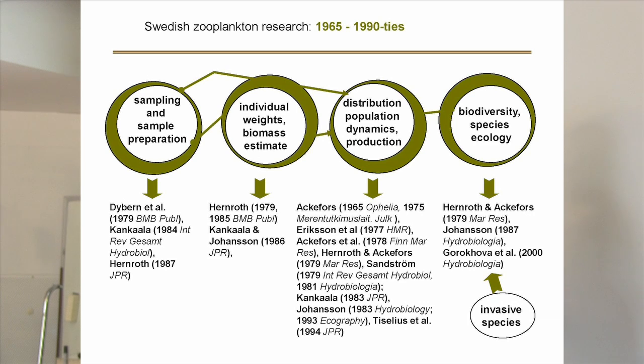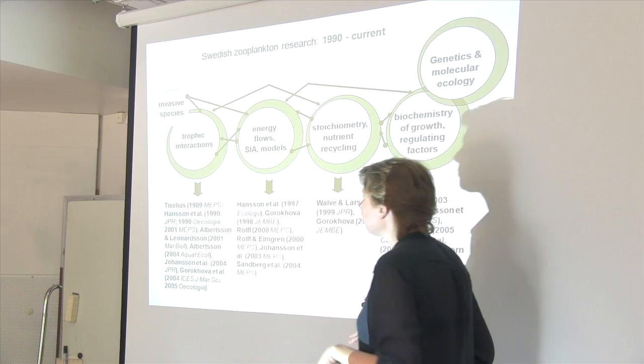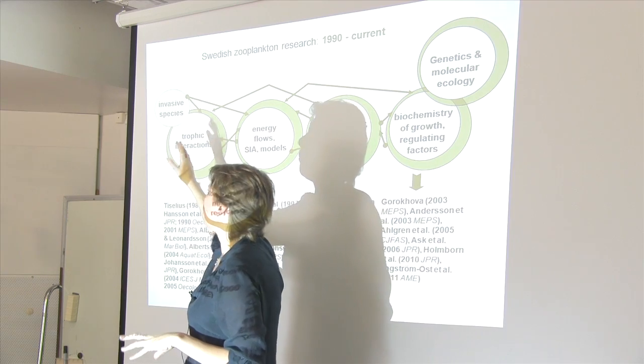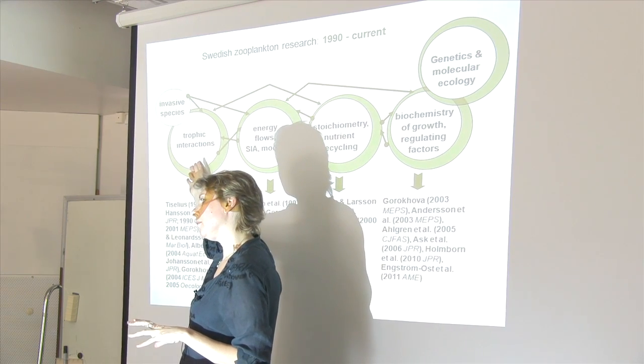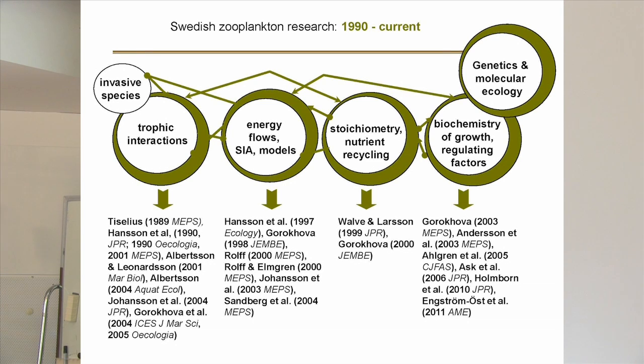Invasive species actually came quite nicely into this part in the late 90s. And then invasive species also kind of filled the trophic interactions field. But it's not like just invasive species. People were trying to actually infer who eats whom.